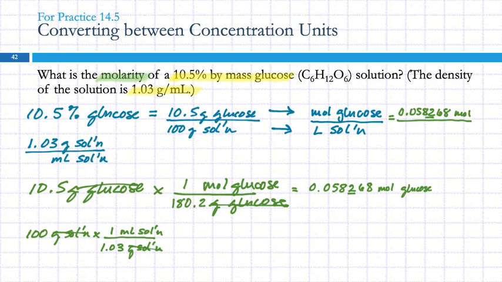But then I need this to be liters of solution. Milli stands for times 10 to the minus 3. So 1 milliliter is 1 times 10 to the minus 3 liters. So 100 divided by 1.03 times 1 times 10 to the minus 3, 0.097087 liters.